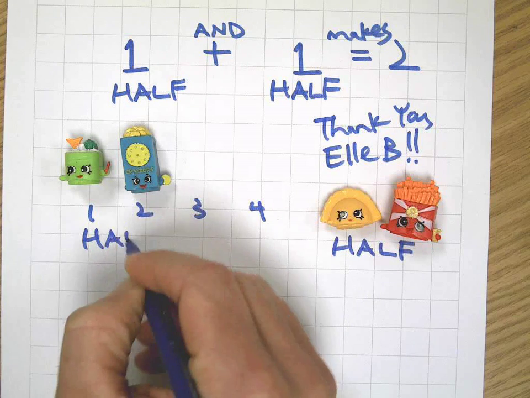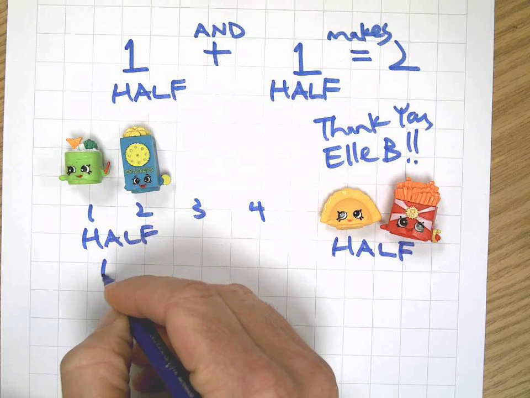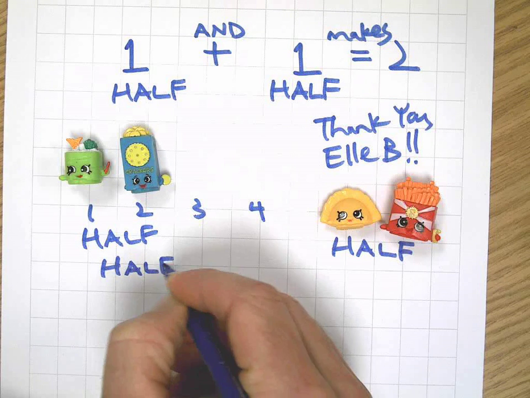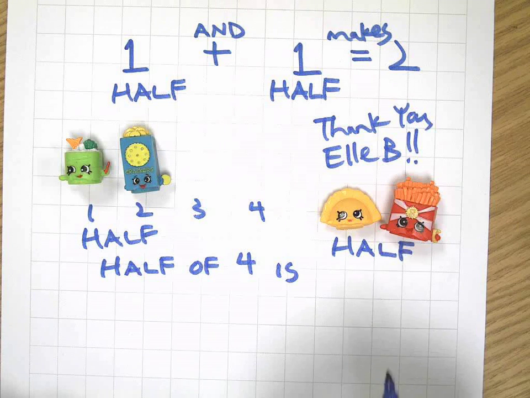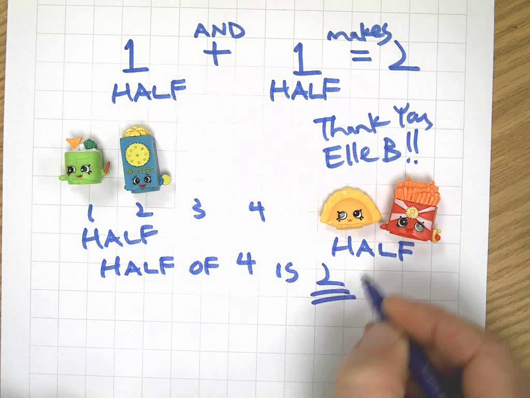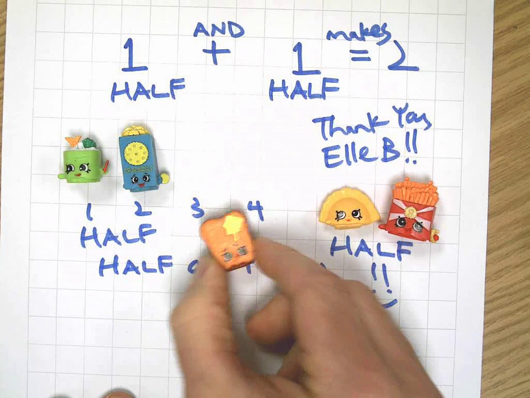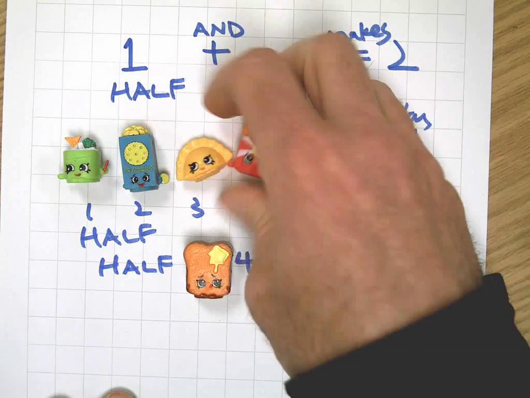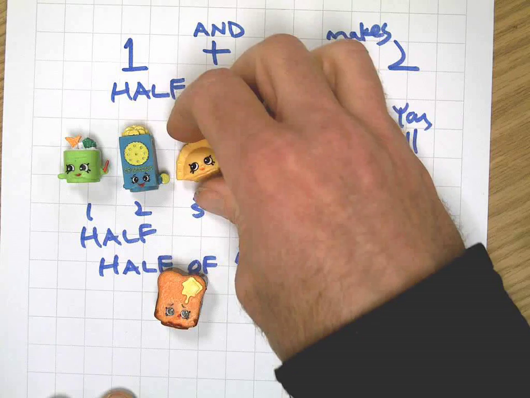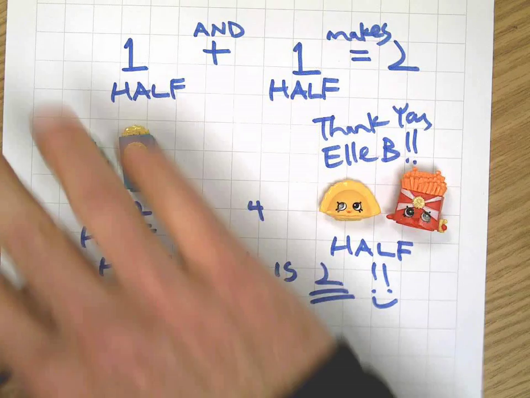She has half and I have half. So half of 4 is what? 2. Right. Toasty Bread says, hey, you got that right. Half of 4 is 2. See, there's 4. And cut them in half. 2 and 2. Those are equal.